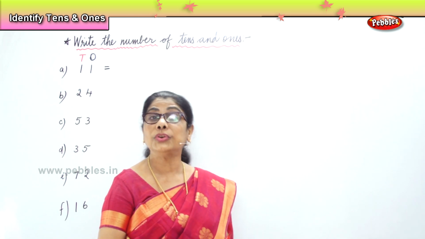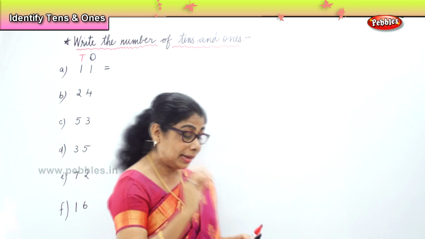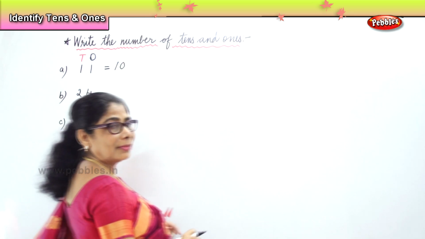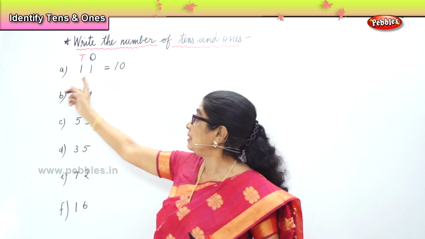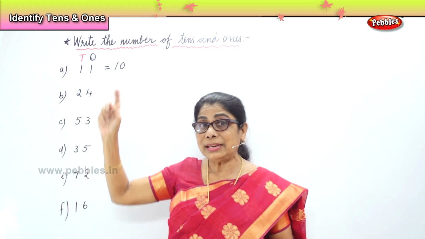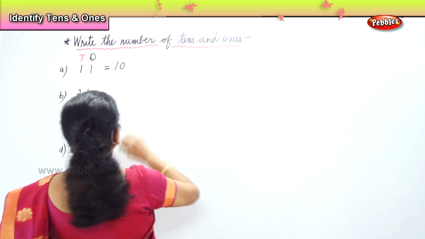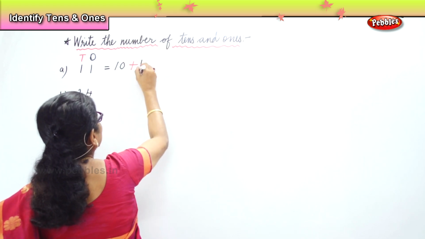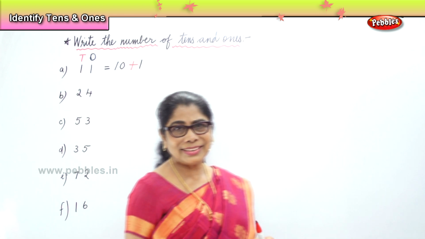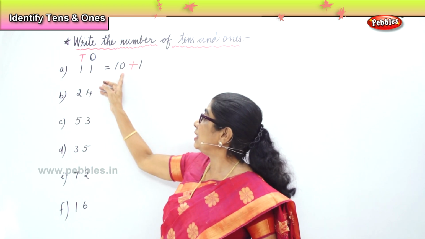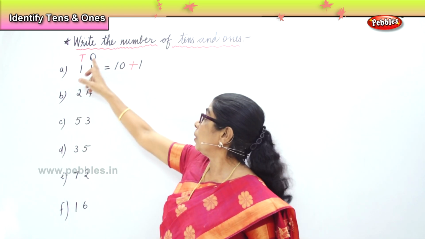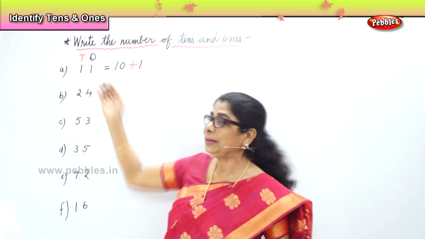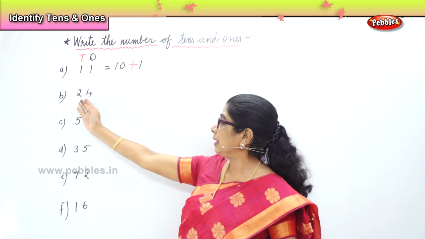Ask a question to yourself. It is 1 ten. Simply write 10. Okay? Now, it says 11. Once 1. So, 10 plus 1 makes it 11. You get it? Tens place, there is 10. Ones place, there is 1. 10 plus 1, 11.